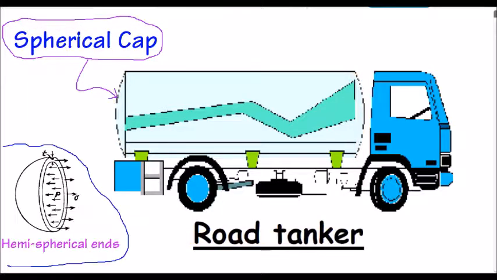It should be noted that sometimes these spherical caps are actually in the form of hemispheres, so they're hemispherical ends. And hemispherical ends, which is of course half of a sphere, as we reviewed in our previous presentation, are used when you have high internal pressures within the storage container itself here.